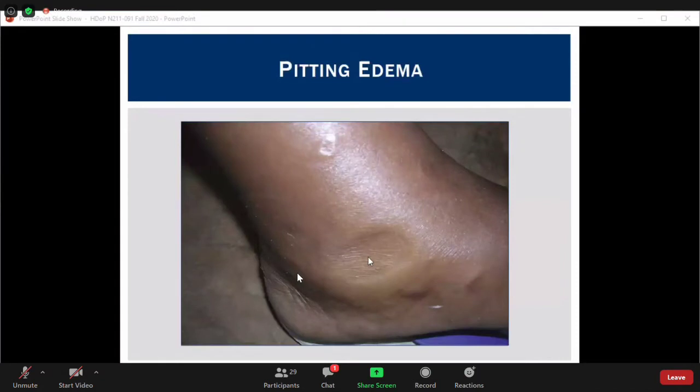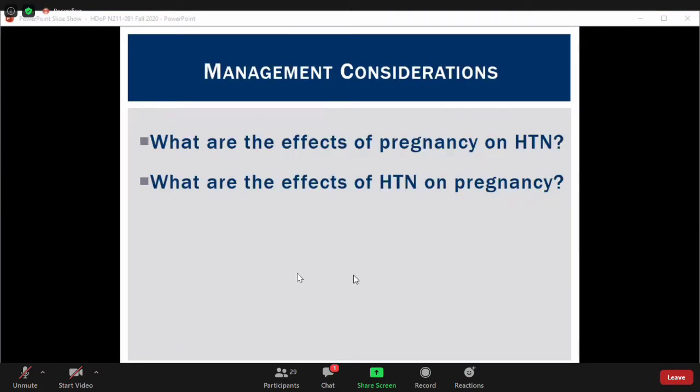Okay, so just another example of pitting edema. All right. So when we look at the management of preeclampsia, we have to think about what are the effects of pregnancy on hypertension. So remember everything we've talked about, the increase in vascular volume and what the volume is for, and the hemodilution that should be occurring.